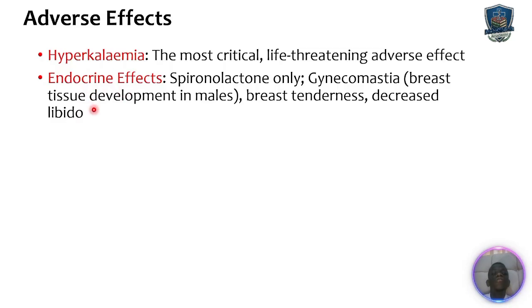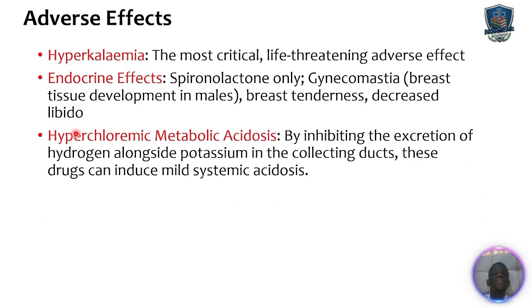Spironolactone, to be more specific, may cause gynecomastia. Gynecomastia means man boobs. Breast tissue development in males. You may see males having breasts, which looks very abnormal, with breast tenderness and decreased libido. As I said before, it may lead to metabolic acidosis. Why? Because it also leads to the retention of hydrogen alongside potassium. So it may lead to hypochloremic metabolic acidosis.